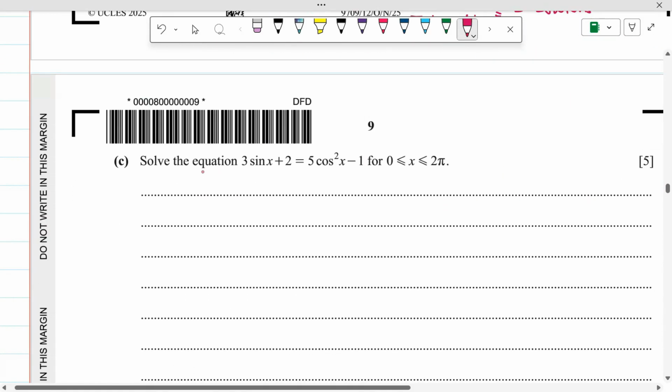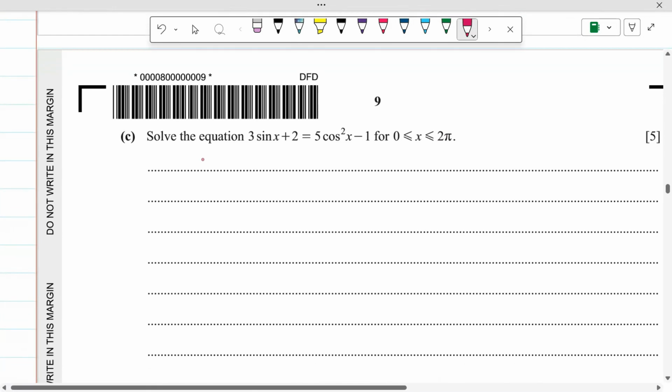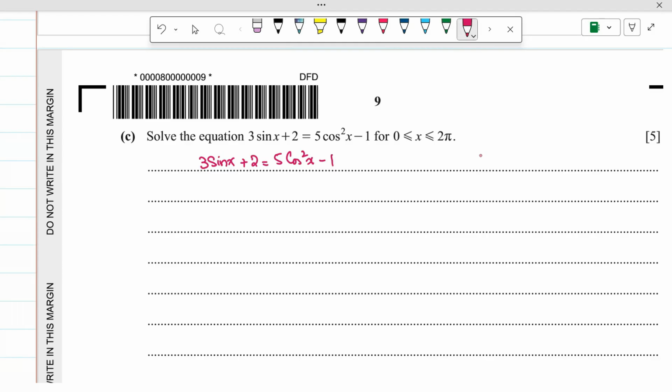Okay, part C. Solve the equation 3 sine x plus 2 is equal to 5 cos square x minus 1 for x less than or equal to 2 pi and greater than or equal to 0. We have 3 sine of x plus 2 is equal to 5 cos square of x minus 1, and we know that cos square of x is equal to 1 minus sine square of x.